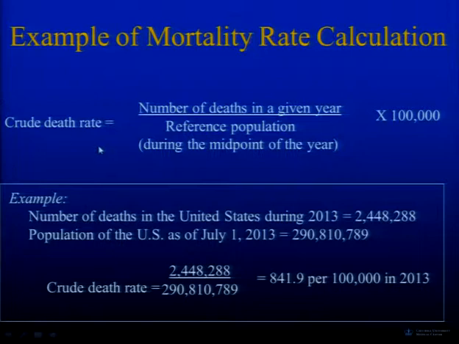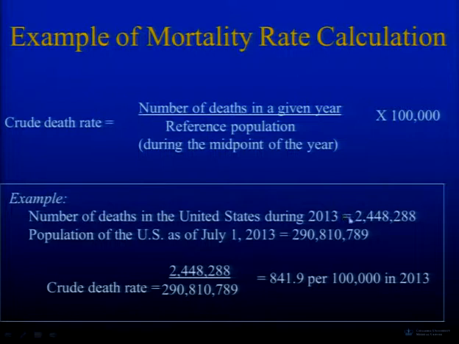So here's an example of a mortality rate calculation. This is what we call a crude death rate. We're just giving the absolute numbers. We're not controlling for whether there's an older or a younger population, which can make comparisons difficult. It's the number of deaths in a given year divided by the reference population at the midpoint of the year, times 100,000.